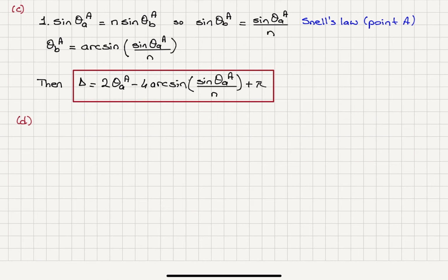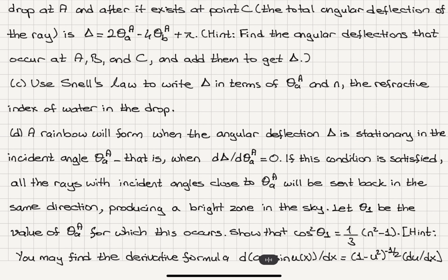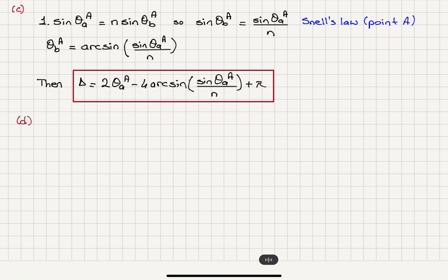So our task was to write the deviation in terms of the angle of incidence at point A and the index of refraction, and that's what we have done in this part.